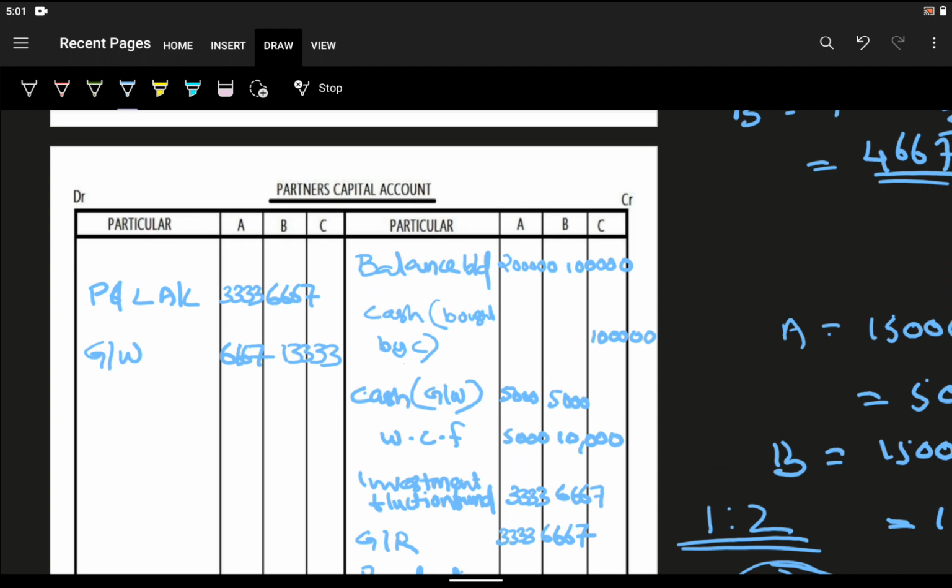Add all the debit side and deduct the credit side. So balance carried on will be 2,08,999 for A. For B it is 1,13,001.